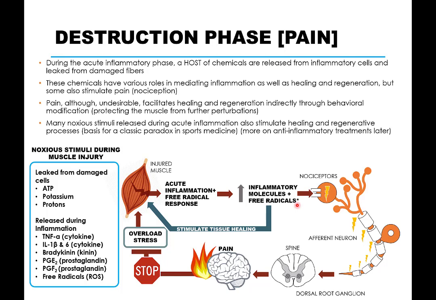Without pain, muscle or any tissue for that matter that has undergone injury will likely not heal properly since there's nothing to avert you from applying the thing that injured the muscle in the first place, which is tension. So all you would be doing without pain is continuously damaging the muscle. This is why there are controversies associated with some pain medications, such as opioids, which block nociception signals from reaching the brain.